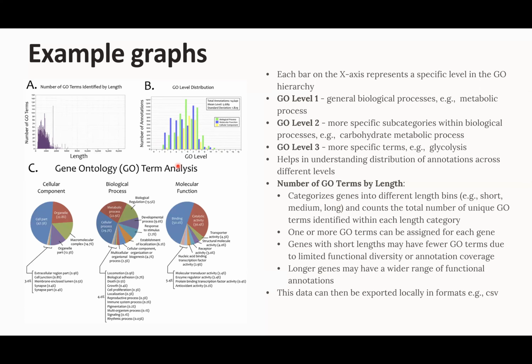You can find multiple genes being assigned one or more GO terms. The shorter the gene, the fewer terms it's assigned, because we are limited in finding out how much it can do. The longer the gene, the more variety it will have.